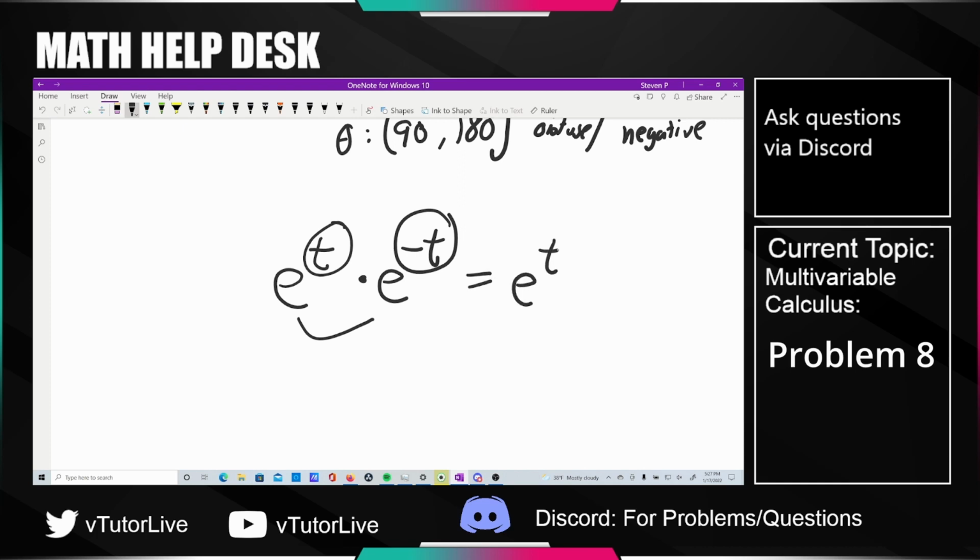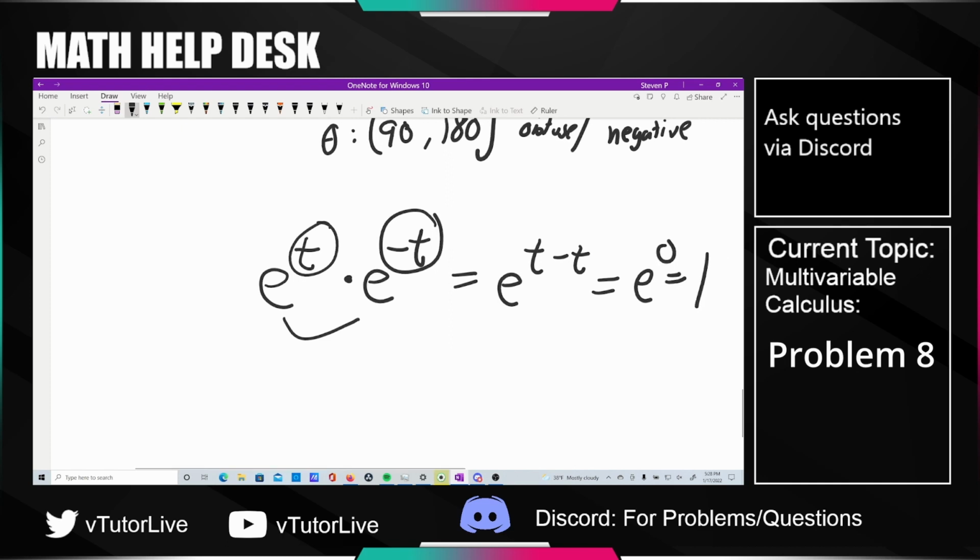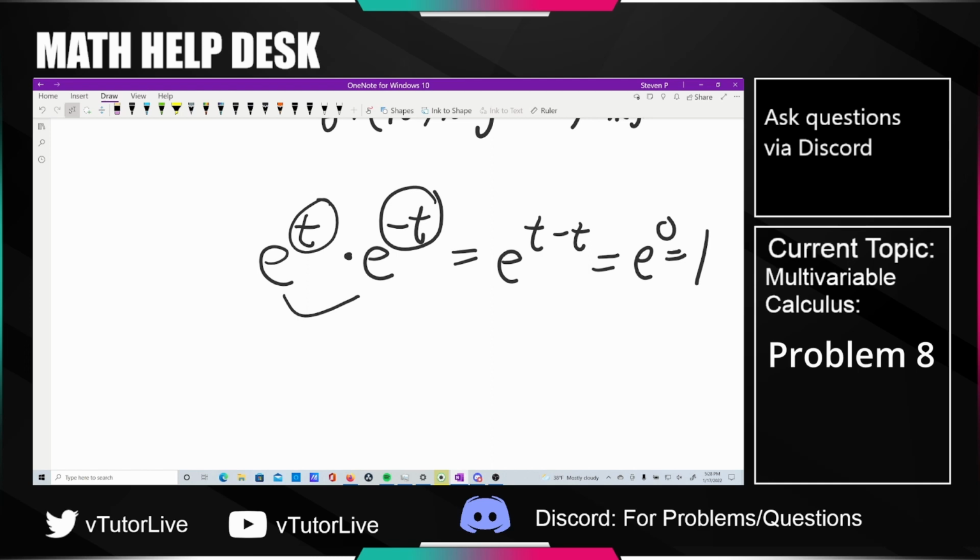So this is equal to t minus t, which is just equal to e to the 0, which is a big fat 1. Other than that, it's a pretty straightforward cross product problem.